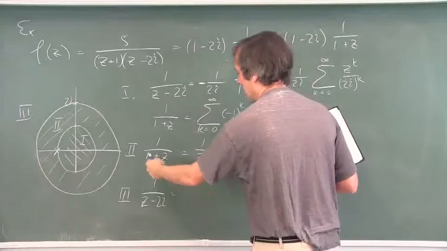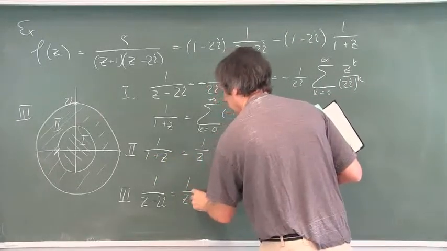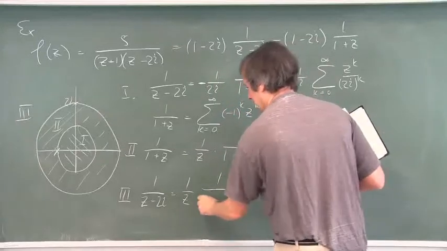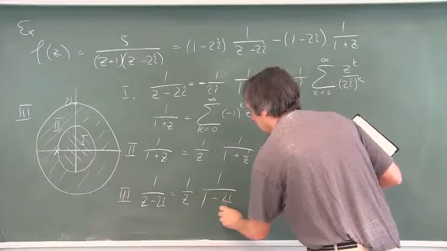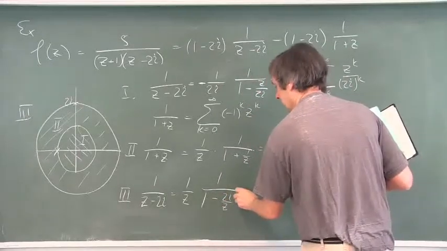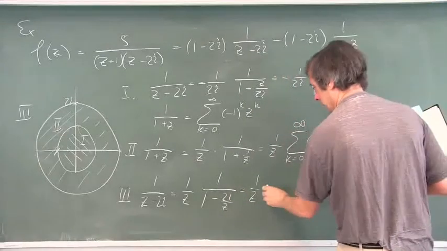And the trick would be the same as here. We extract the factor 1 over z. And then we get 1 minus 2i divided by z here now. And then you can expand this by geometric series.